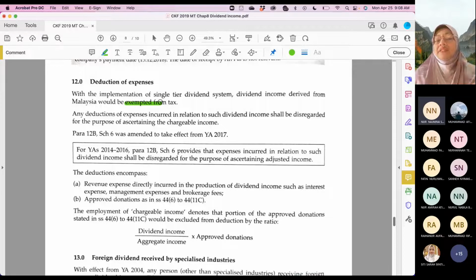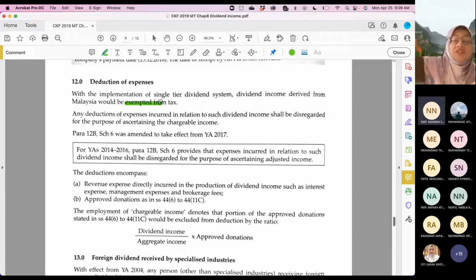But whenever you have dividend income, it's already exempted in the tax computation. So in this case, of the 10,000 interest, 8,000 is for business purposes, and 2,000 is to be deducted against your dividend income. You have to allocate the expenditure according to how the money is being used.